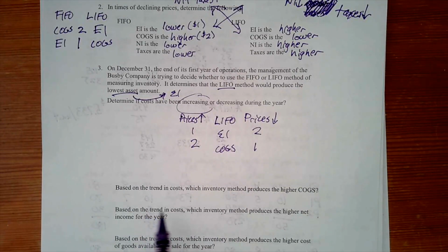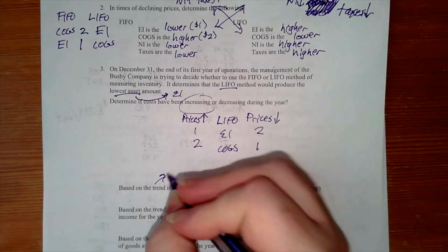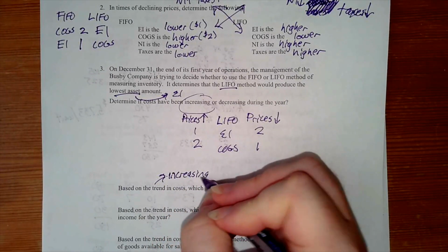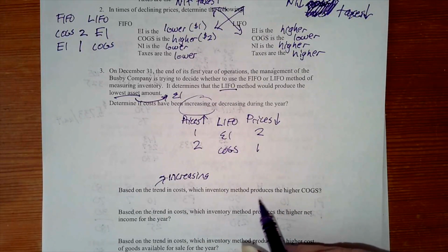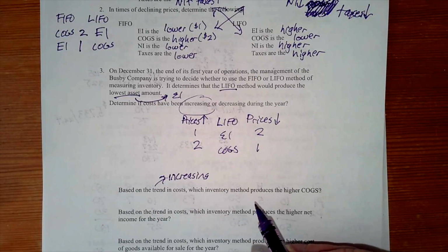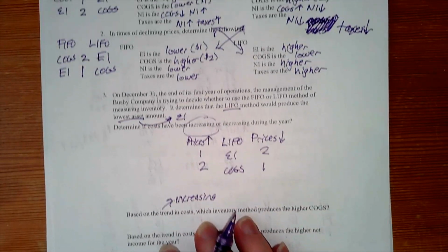Okay, based on this trend in costs, the trend here is increasing prices, right? We've just determined that. Which inventory method produces the highest COGS? Based on rising trends in cost.